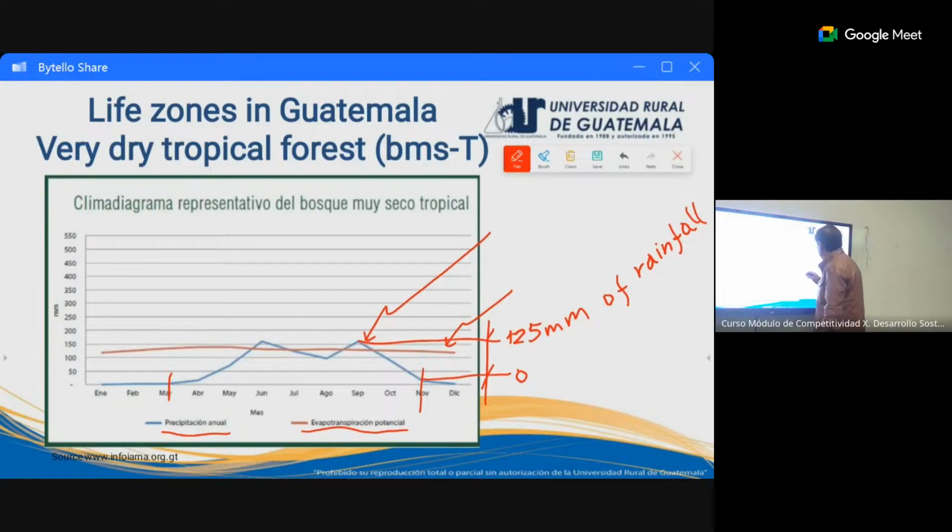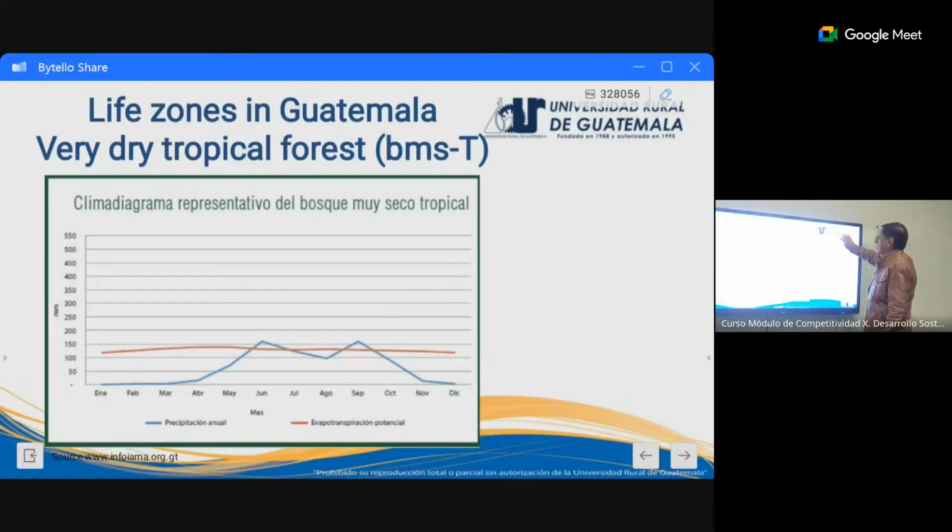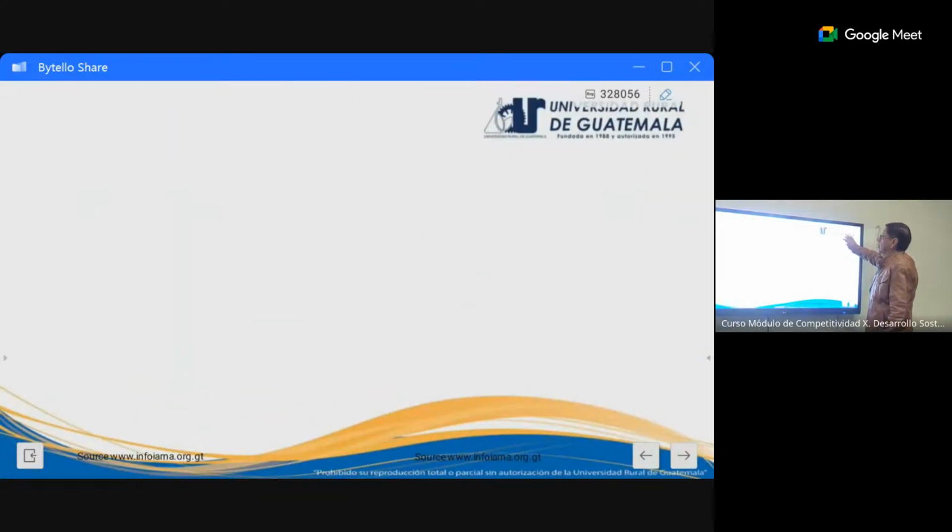Let's say for the red line here, let's say like 110 millimeters of potential evapotranspiration water. Okay. Now let's continue with the next slide information.